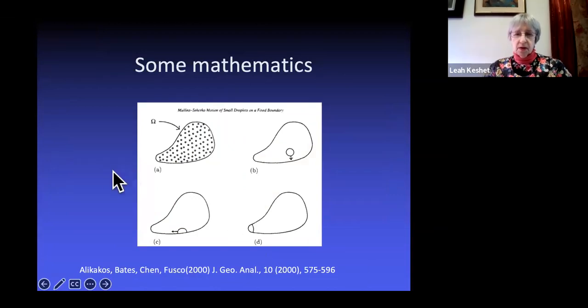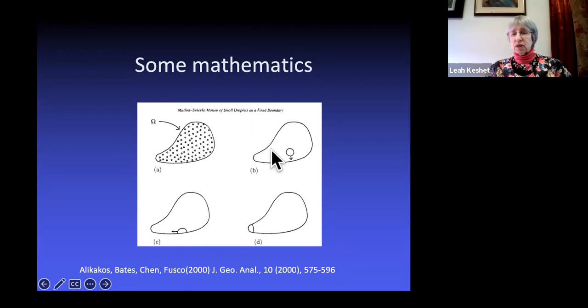So it turns out that there's a link to some interesting mathematics. For example, in this paper by Alikakos and others from more than 20 years ago, they basically showed that these kind of systems, the Allen-Cahn type of system, will first of all undergo coarsening, then be attracted to the boundary, and then this little droplet would move towards the highly curved parts of the domain and be trapped there.